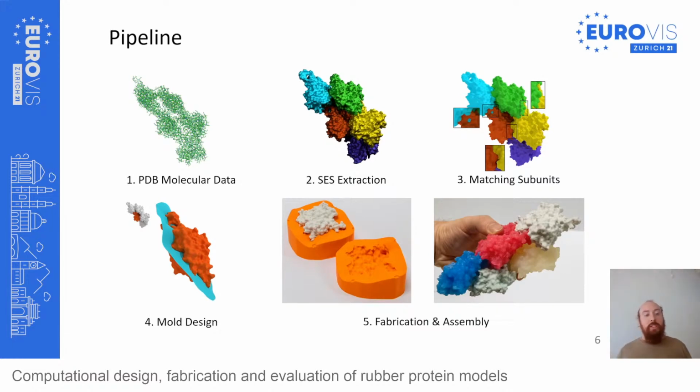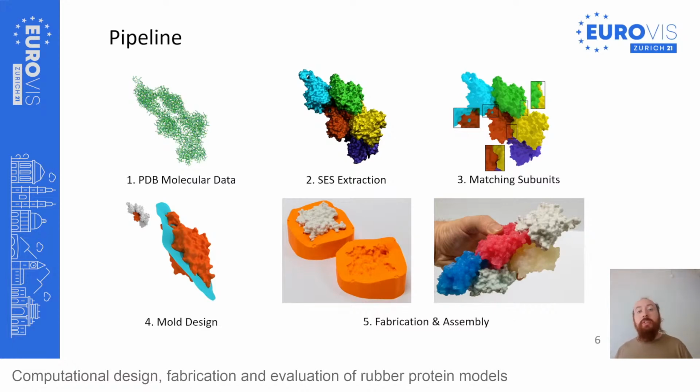So it all starts with a PDB file, that is a file reporting all the atomic coordinates for the atoms that comprise the molecule. Then from this PDB file, we want to extract for each of the subunits involved in the assembly a solvent excluded surface, that is a Connolly surface.